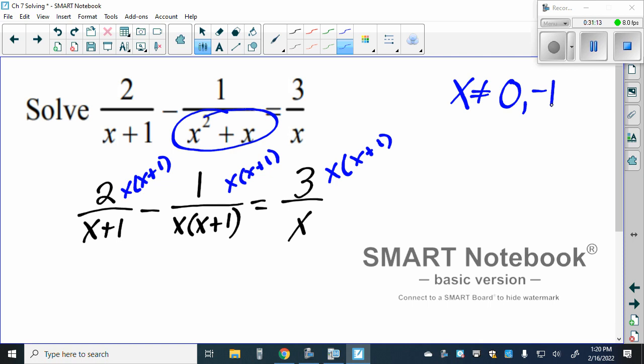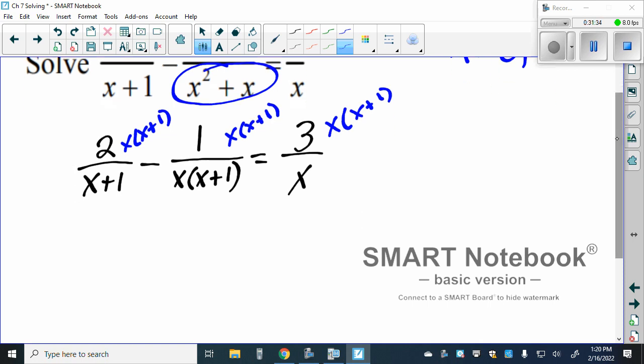So for each one of those that we add in, if we add an extra x, well, the solutions would be whatever we're supposed to get, and then 0. Well, we know that 0 won't work. Or if we add an extra x plus 1, we would actually get a solution of -1. Well, neither one of those work. And here, we just need x and x plus 1.